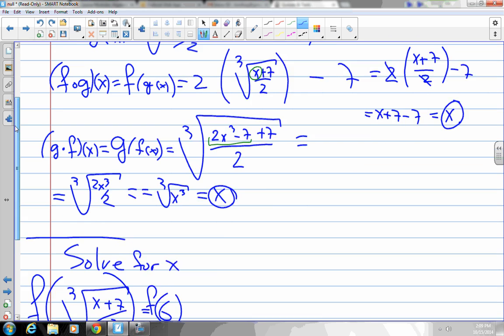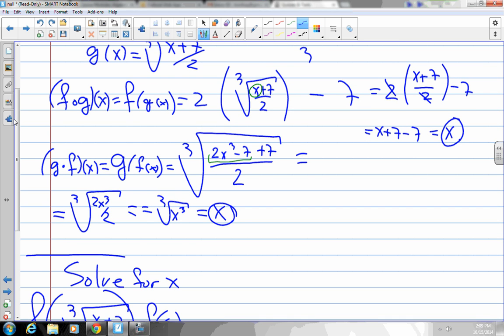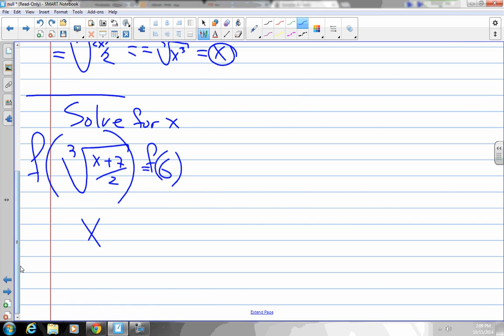That's all that mumbo jumbo. On the other side, it is 2 times 6 cubed minus 7, which is a number. So I just solved that equation in one move.